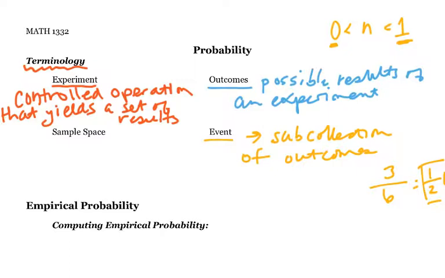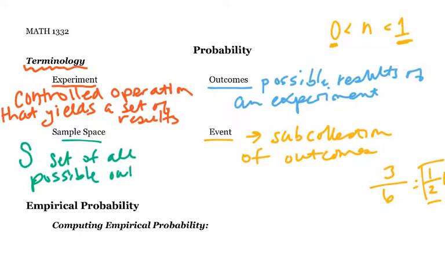Now you're probably wondering what sample space is, because I kind of skipped over it. Sample space in probability is often marked with a capital letter S, and it represents the set of all possible outcomes. So with our die example, our sample space would be S equals 1, 2, 3, 4, 5, and 6.